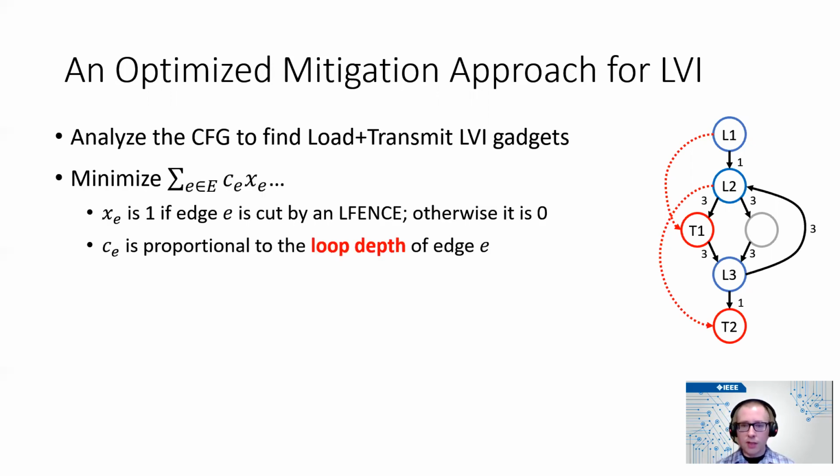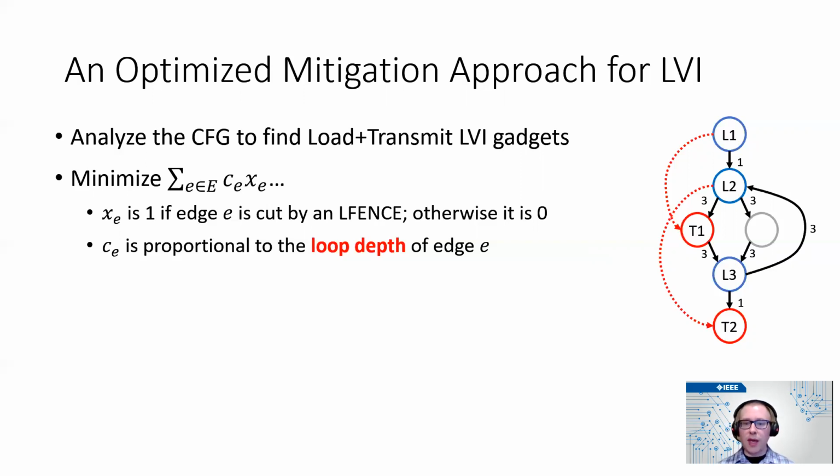Then the goal is to use this information to compute the smallest set of LFENCE insertions that mitigate all of the potential LVI gadgets. This set of LFENCE insertions is given by the bit vector x, called the cut vector, where each bit corresponds to a control flow edge, and the bit is 1 if the edge is to be cut by an LFENCE and 0 otherwise.